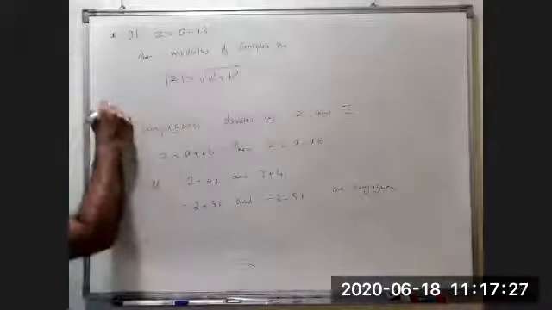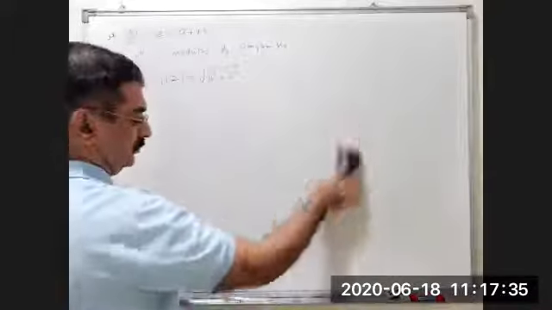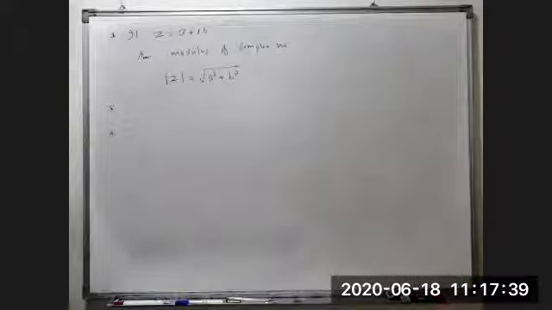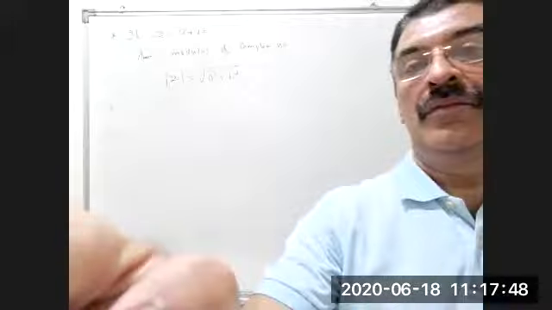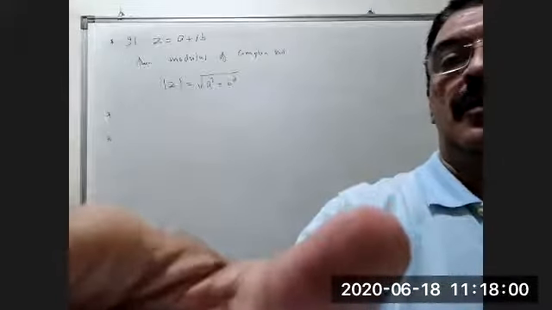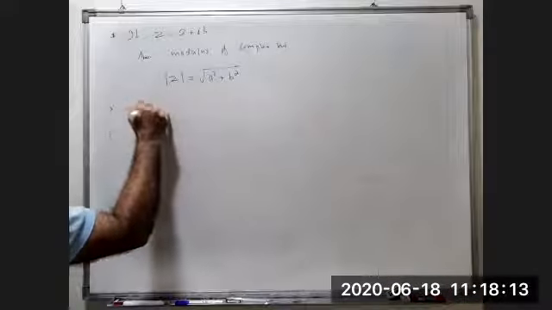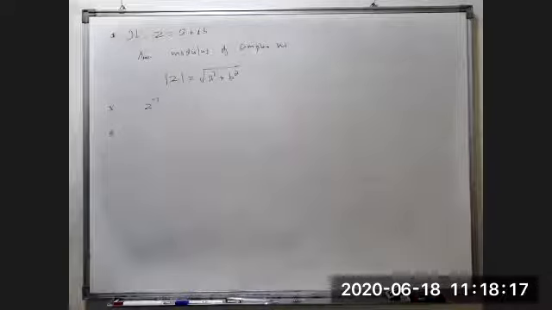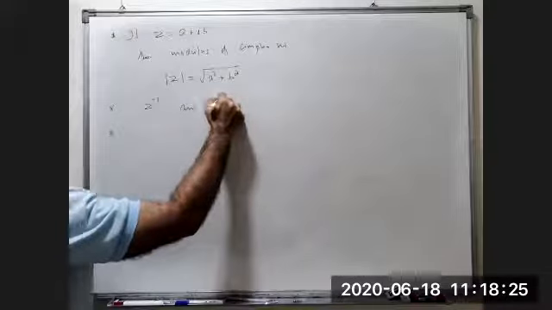Next point to remember. The multiplicative inverse is denoted as z raised to minus 1, or z inverse.